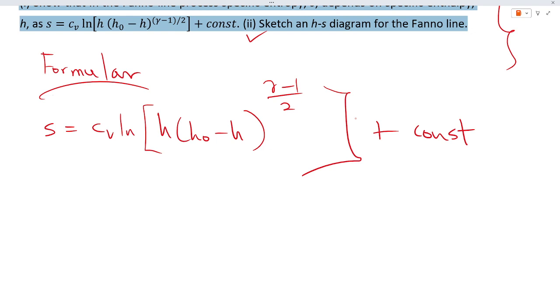In which we know that rho V equals constant, and H, that is the enthalpy, equals Cp T.